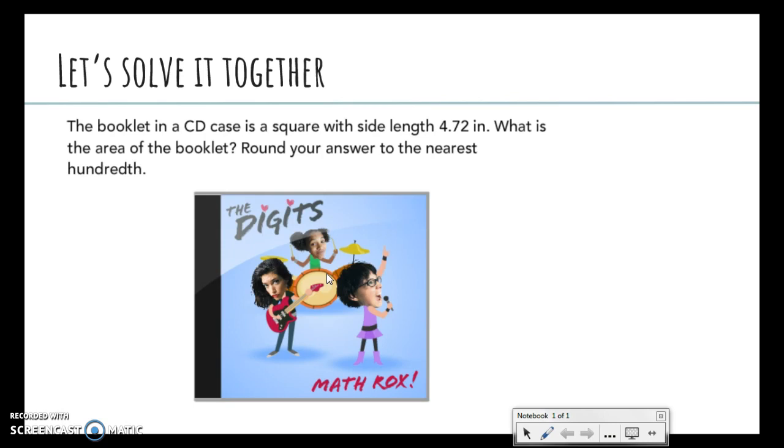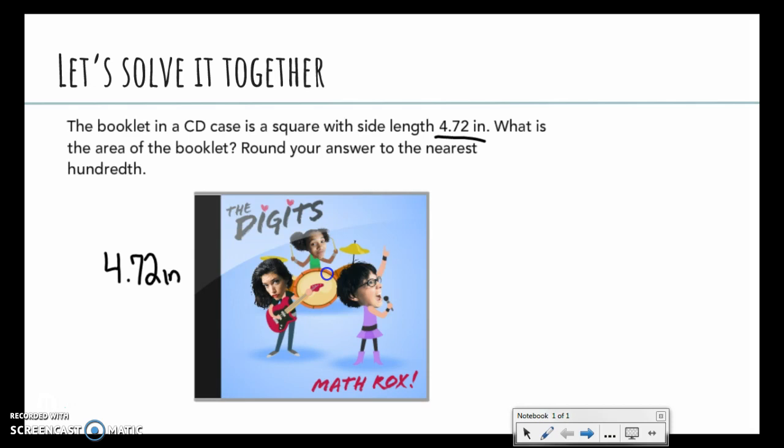The booklet in the CD case is a square with a side length of 4.72 of an inch. What is the area of the booklet? Round your answer to the nearest hundredth. So, we know that the side length is 4.72 of an inch. Okay?